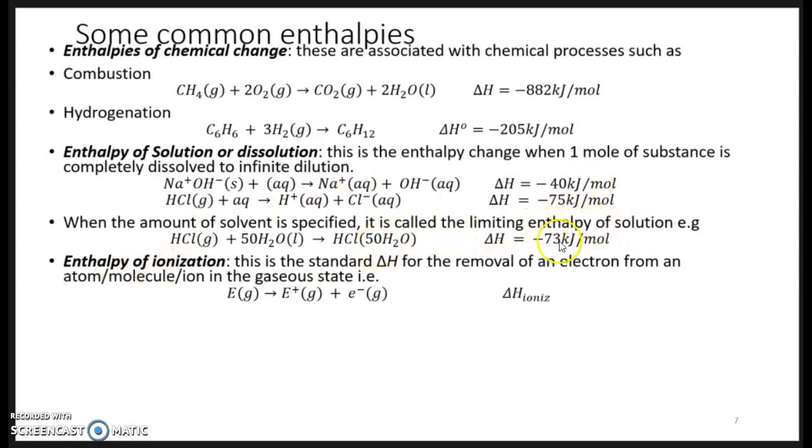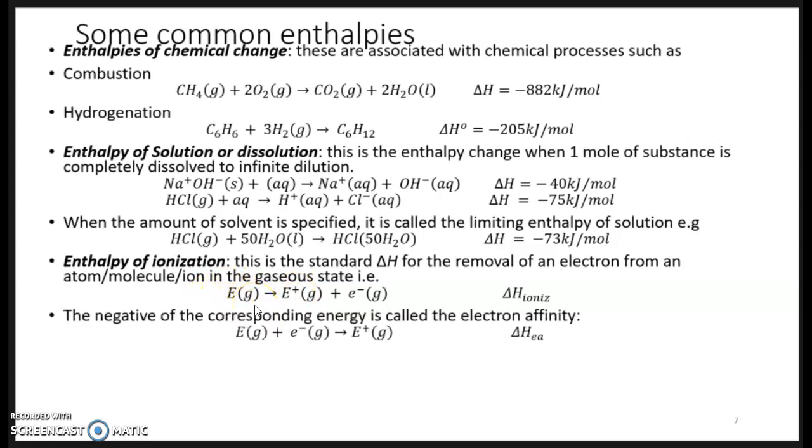The limiting enthalpy of solution is with as much water as possible, so it almost dilutes. Then the enthalpy of ionization is the enthalpy change for the removal of an electron from an atom in the gaseous state.